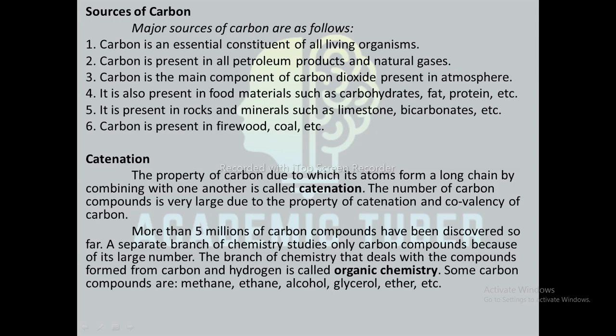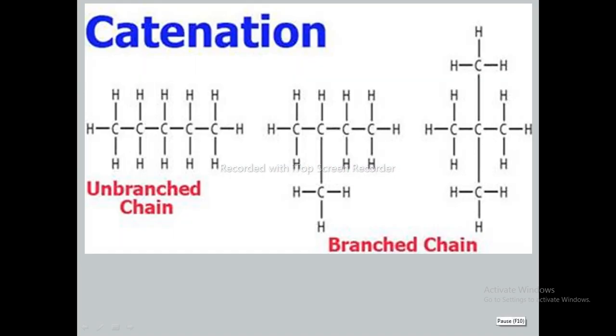Some carbon compounds are methane, ethane, alcohol, glycerol, ether, etc. Here we can see the unbranched and branched chains of carbon. Here carbon atoms combine together to give a long chain. Catenation is the unique property of carbon to form bonds with other carbon atoms, giving rise to a long chain or branched chain molecule.